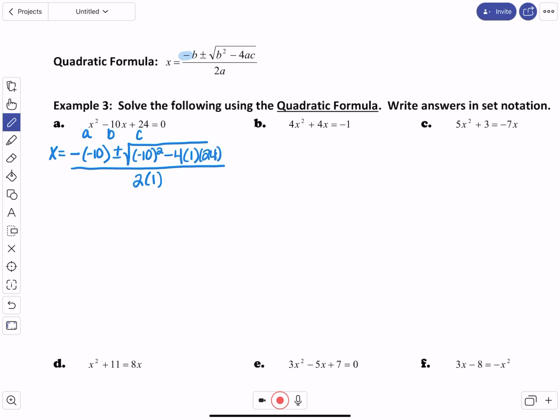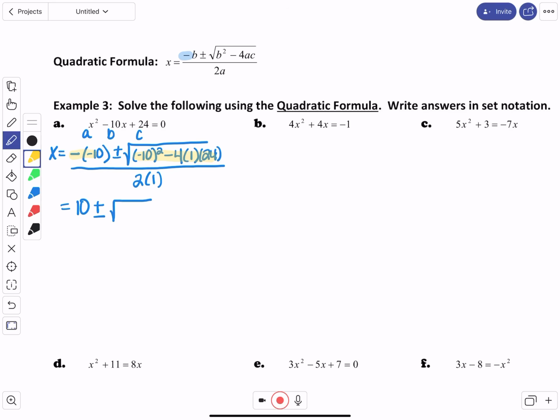And now we're going to simplify this. So let's start simplifying. So first of all, when we look here, you see the double negative right here. Well, that double negative is going to turn into a positive. Okay, so we're going to get a positive 10 plus or minus. Now, I'm going to leave this as a square root. And what I'm going to do is I'm just going to do this part right here.